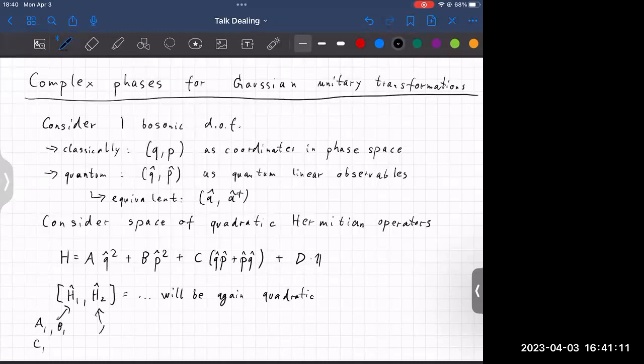Here we would have A2, B2, C2 as variables, and then whatever comes out there, we can call it H3, where our coefficients A3, B3, and C3 would be functions of A1, A2, and so on, just the standard commutation relations.